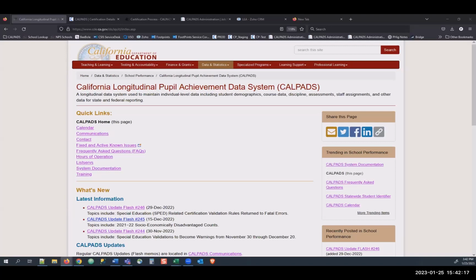Our credential analyst shared a CDE CALPADS Fall 2 regional trainings. Is it something for CALPADS coordinators as well? I'm assuming they're talking about the assignment monitoring trainings that we're doing. The regional quarterlies, because the quarterlies were regional, but it wasn't Fall 2 related. That's interesting.